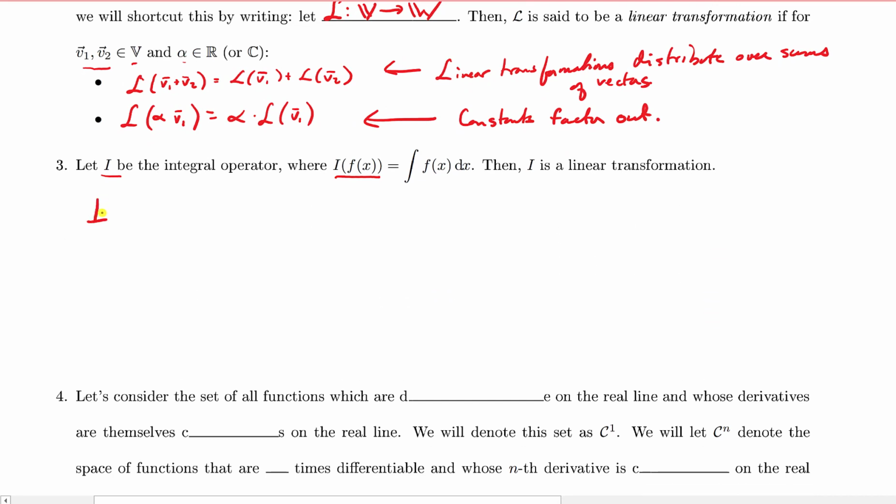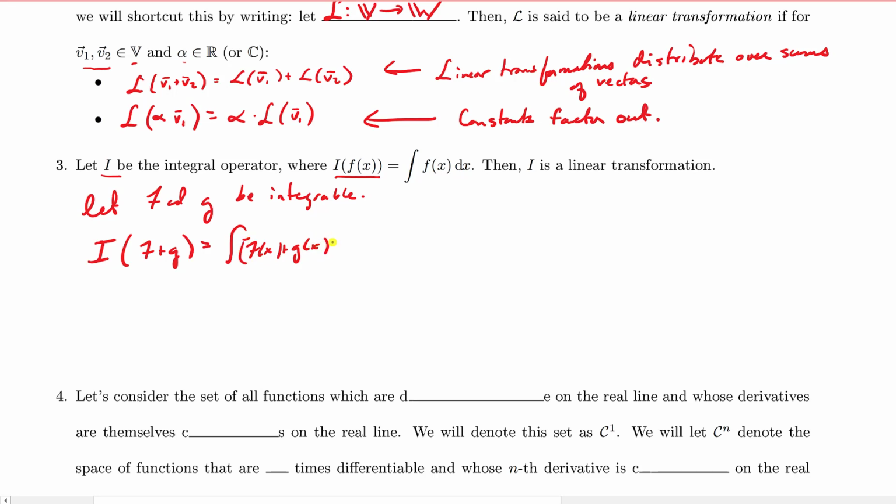Let's let f and g be integrable. Then if we were to take the integral operator and apply it to the sum of f and g, by definition, that is the integral of f of x plus g of x.